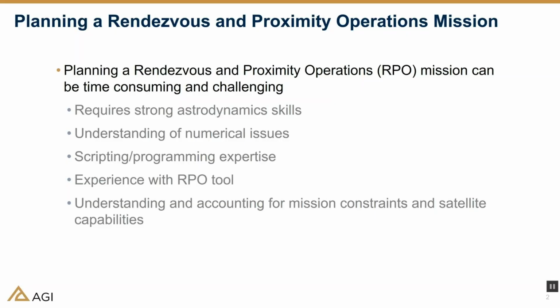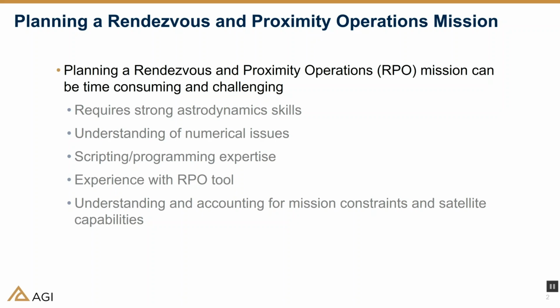So planning a rendezvous and proximity operations mission to date has had many different issues. Many of the current tools out there are quite time consuming and challenging, and in my experience have taken sometimes days, weeks to plan a relatively simple mission.